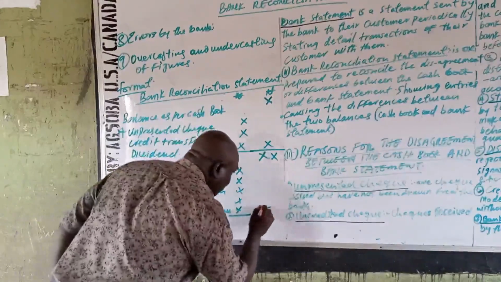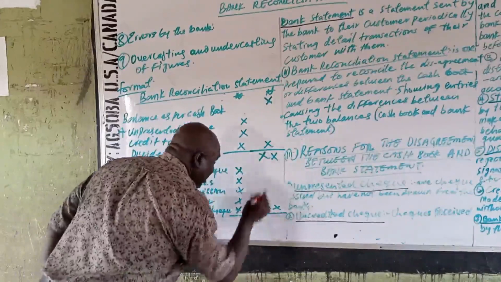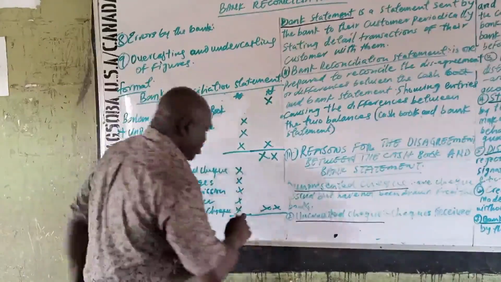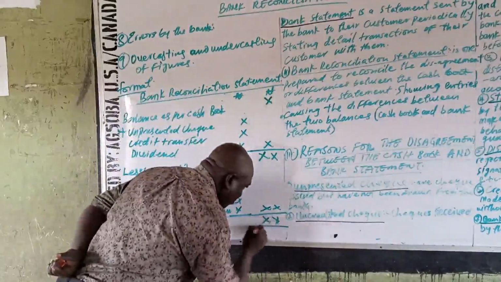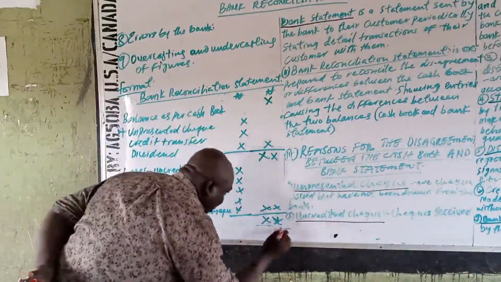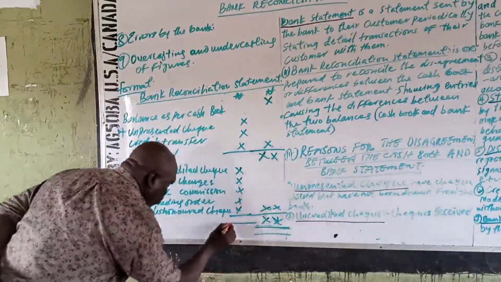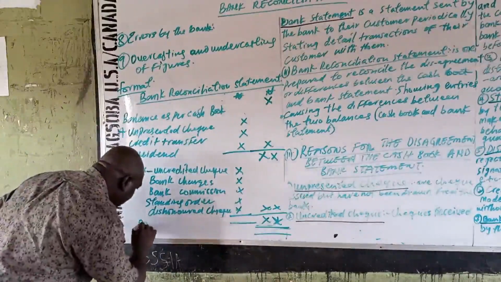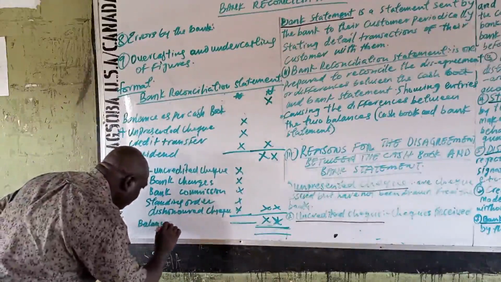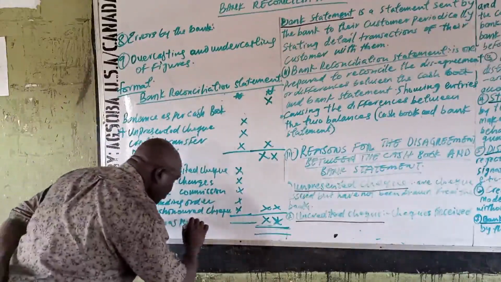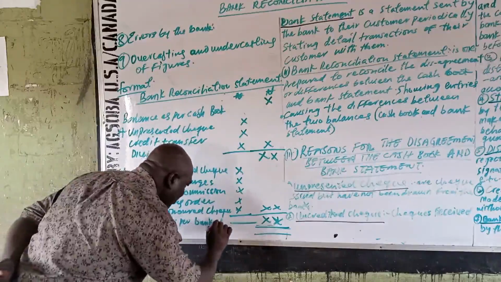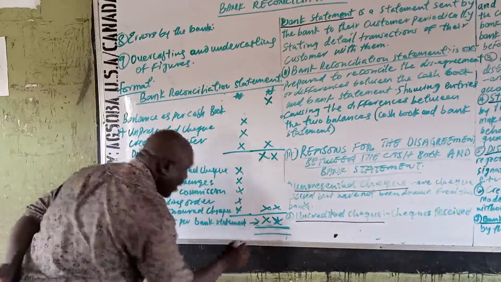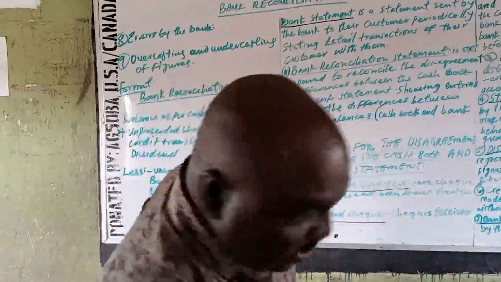All this will give you this amount, then you add it together with what you got from unpresented check, and what it will give you must be equal to what you get here, must be equal to your balance in the bank statement, must be equal to the balance as per bank statement.